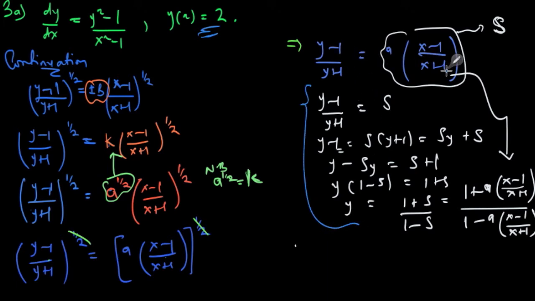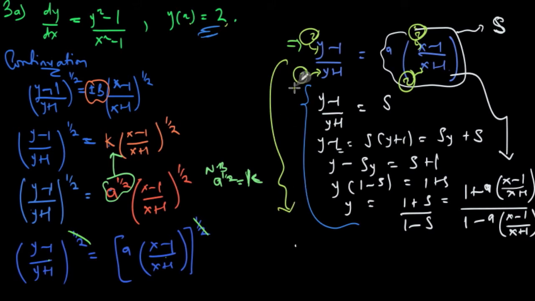From this point here, I could just simply substitute, since y equals 2 when x is 2, or when x is 2, y is 2, however you want to write it. So you substitute 2 here and 2 here.